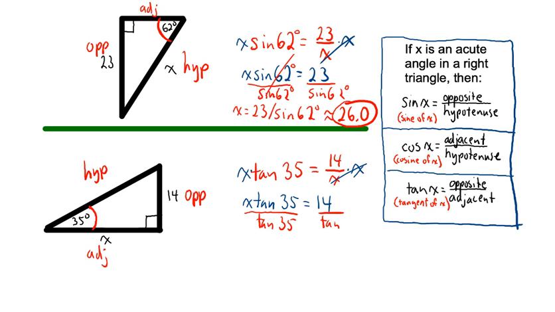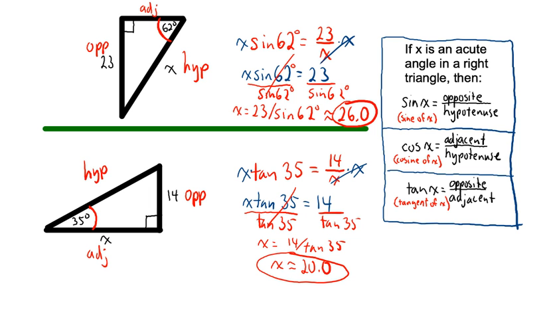We liberate the x, and now we know what's the value of x. X equals 14 divided by the tangent of 35. And to the nearest tenth, it's 19.99, which would round up to 20.0 if we're following the traditional rules of rounding.